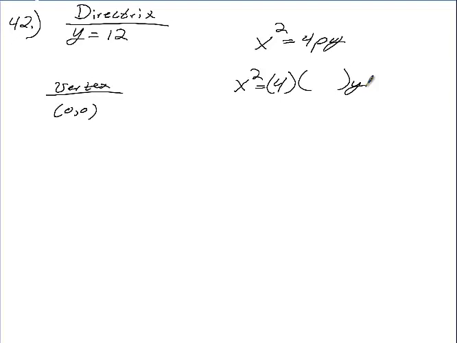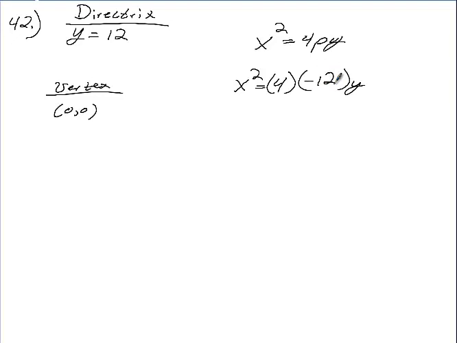What did it say? Y equals what? What's the general form for a directrix for this standard form? Y equals negative p, right? So, if y equals negative p is my directrix here, right? How big is my p? Close, not 12, but negative 12.